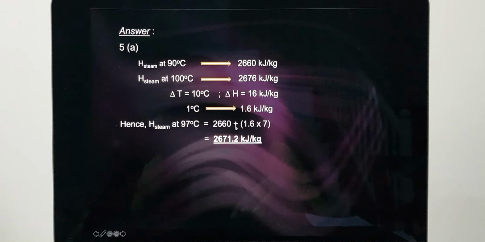Then add the value of 2660. You should be able to get 2671.2 kilojoule per kilogram for Hg at 97 degrees Celsius. Alright, can you get it? If you don't get it, please post your comment either in the Google Classroom or in this video.